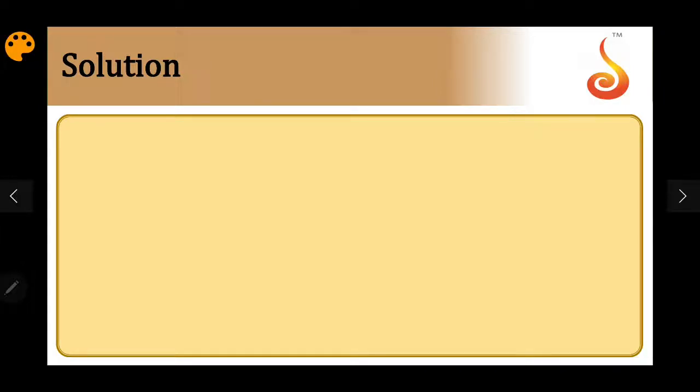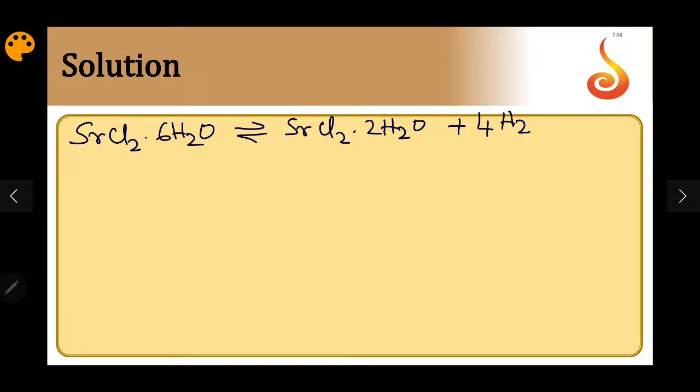So the equation, I have SrCl2·6H2O gives rise to SrCl2·2H2O, both are solids, and 4H2O, which is gaseous. This is solid, this also solid. So what is Kp? Kp is equal to P water to the power 4.